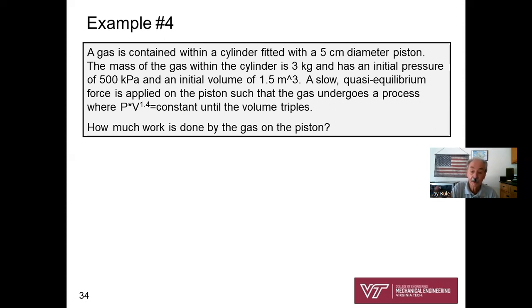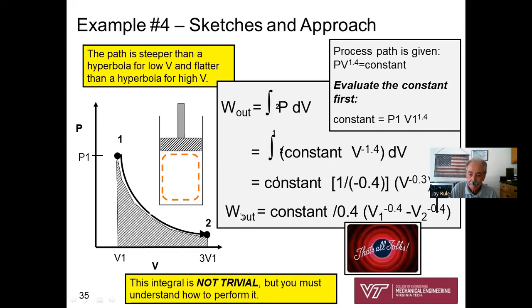A slow quasi-equilibrium force is applied on the piston, so the gas undergoes a process where P times V to the 1.4 power is constant, and the volume triples. Sounds a lot like example 3. How much work is done by the gas on the piston?